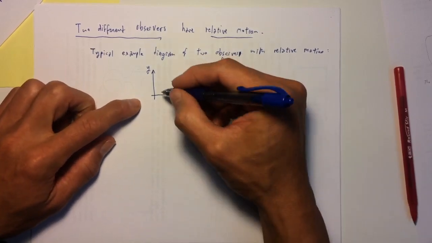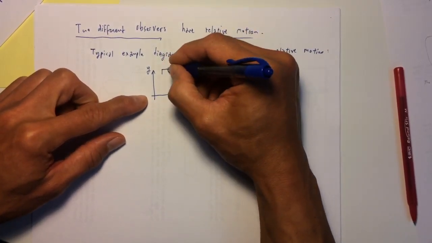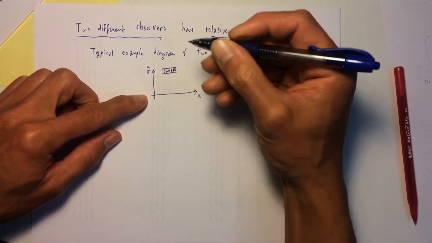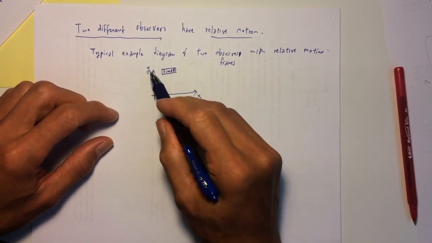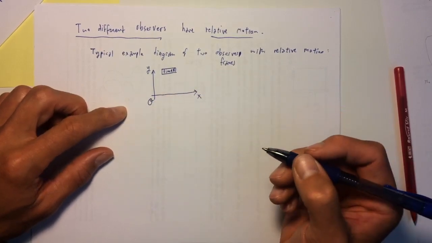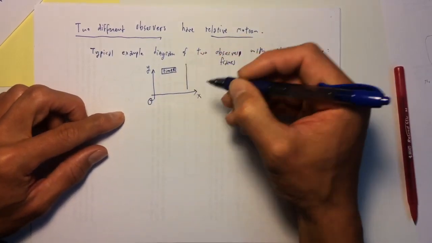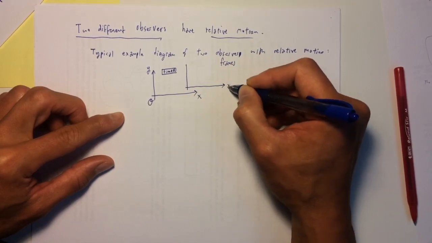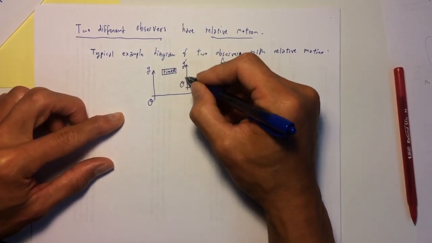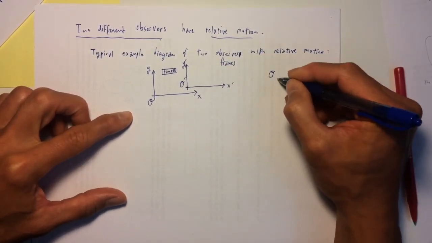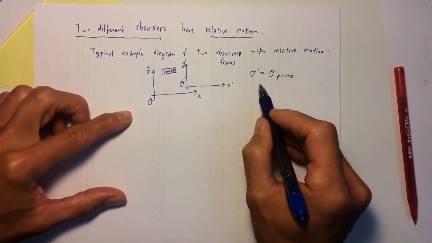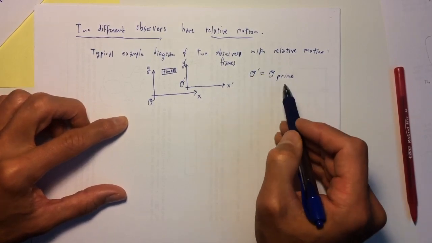I'm not drawing it. And there's some way to keep track of time durations. So there's a timer at every location in the observer frame, and this belongs to O. And there is another frame of reference called the prime frame of reference. This is observer O prime. So the little apostrophe is O prime.